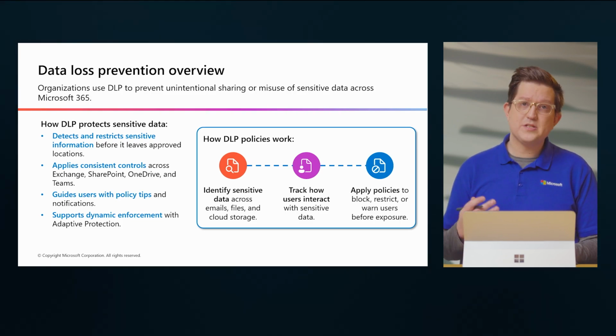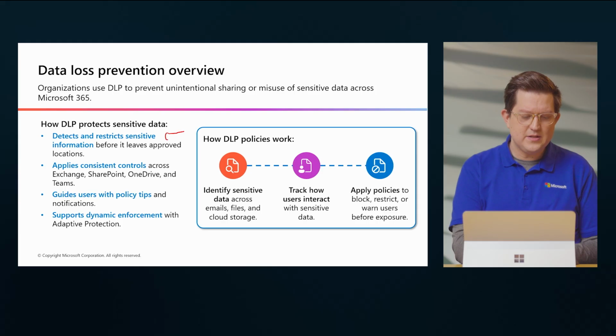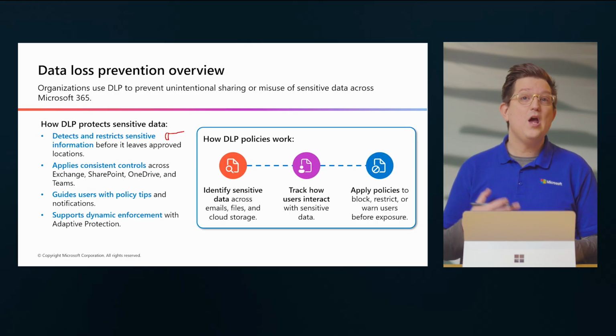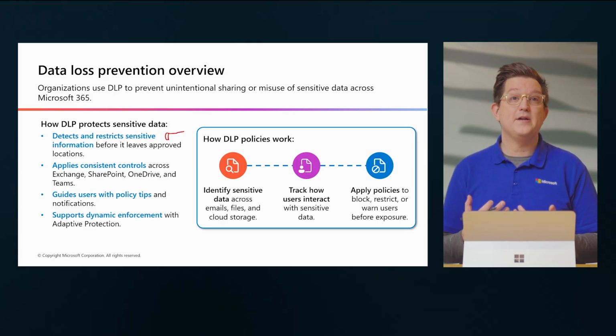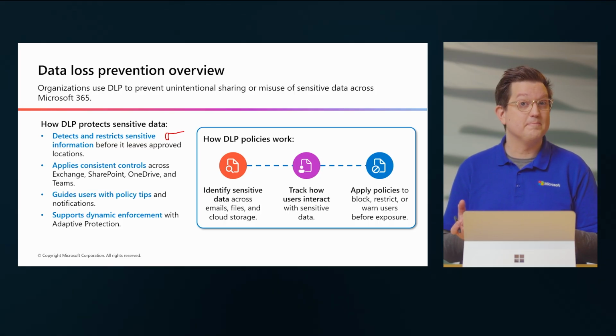Now, DLP works in a number of different modes. Effectively, there's different avenues we can use. It starts with sensitive information types. If we can identify that something is a credit card number, medical ID, something like that, we can effectively use that pattern to work out that a sensitive piece of information is here.